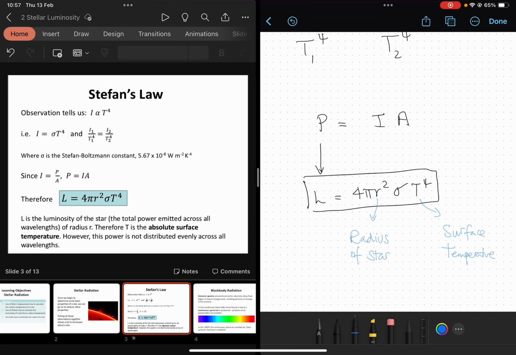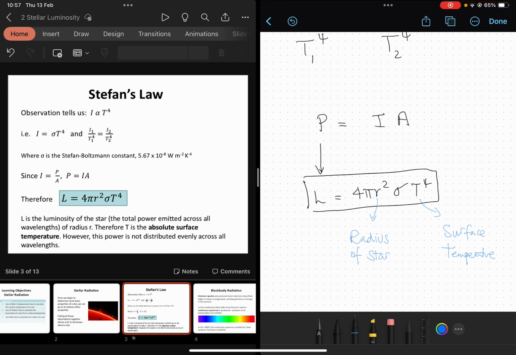Because if you are at the radius of the star, away from the center, you are on the surface of that star. So it's really important that we don't get muddled up, particularly with what R is and isn't. R is the radius of the star and T is the surface temperature.